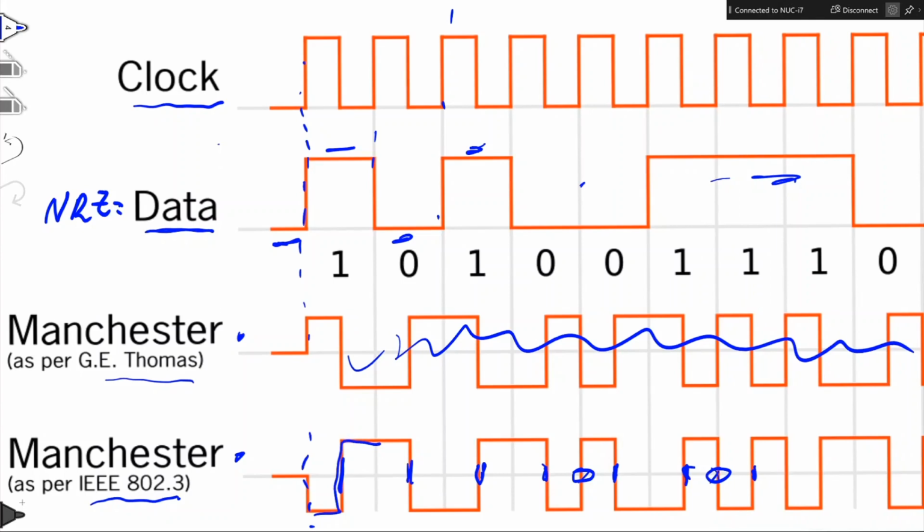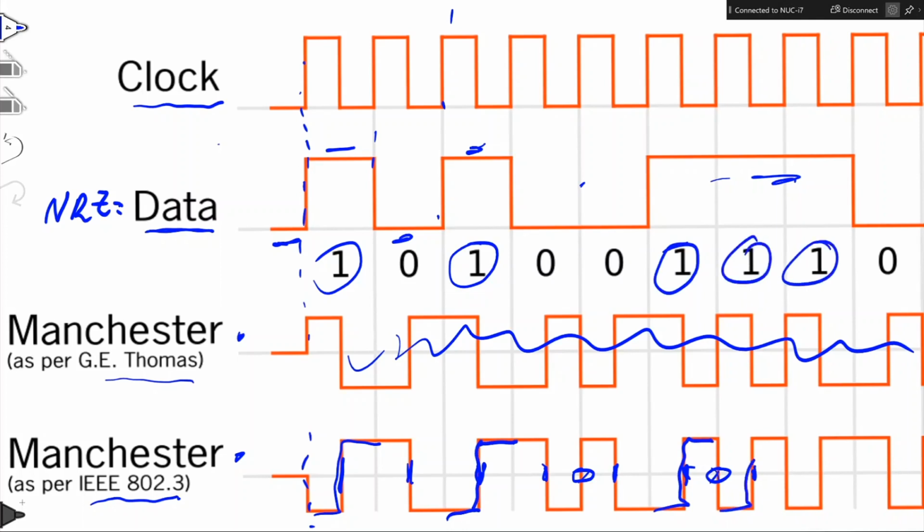So if you look at the other one here, there's again a low high. If you find the other one there, there is again a low high in that bit interval, and then the same for the final ones, a low and high.